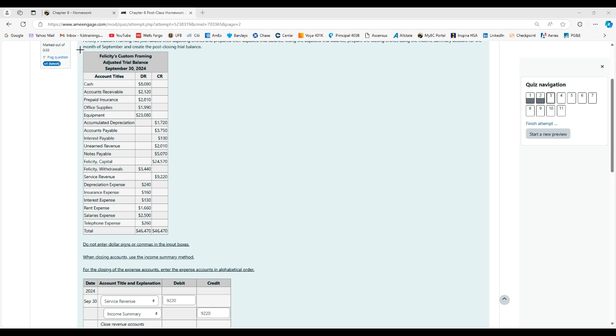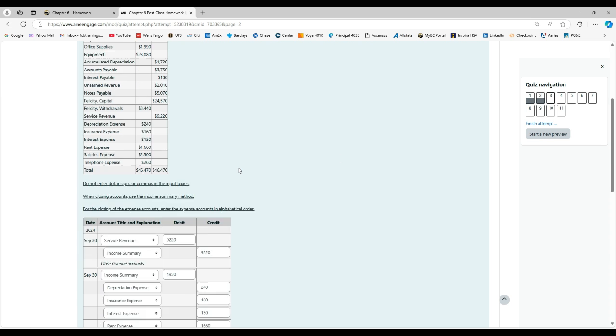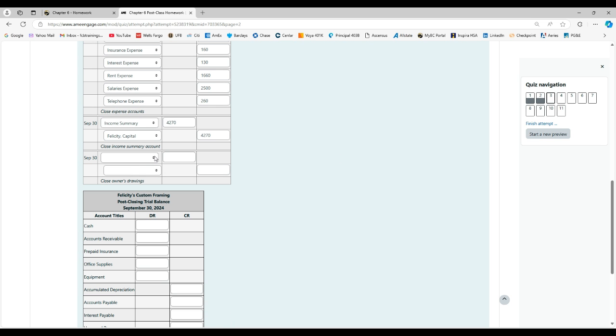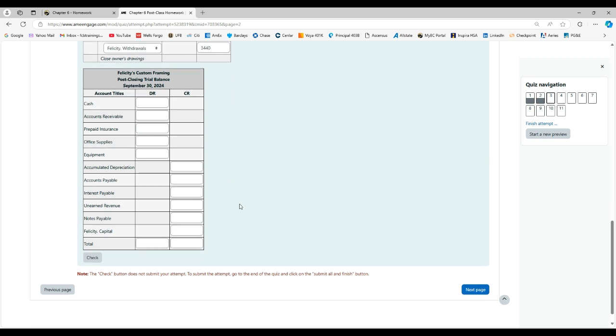I'm going to take a snip here now just because I know we're going to need to do that again. So as we're closing the draws, we're going to debit capital, and we're going to credit the draws account, and it was 3,440, so that goes to 0, and the capital is reduced by that same amount.